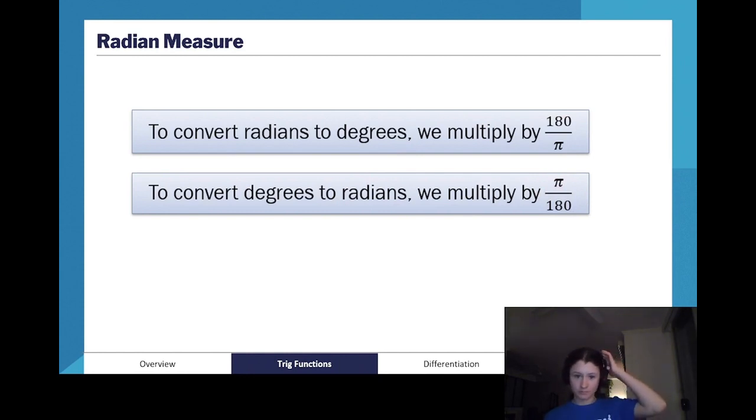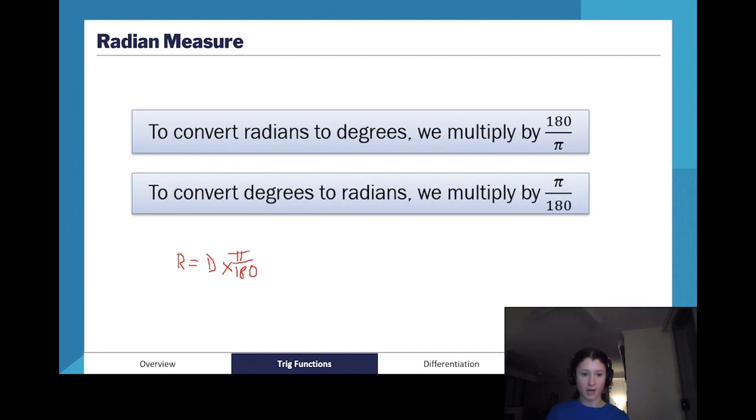Another way to think about it is if you want to convert degrees to radians, you're going to have your degree measure multiplied by pi over 180.